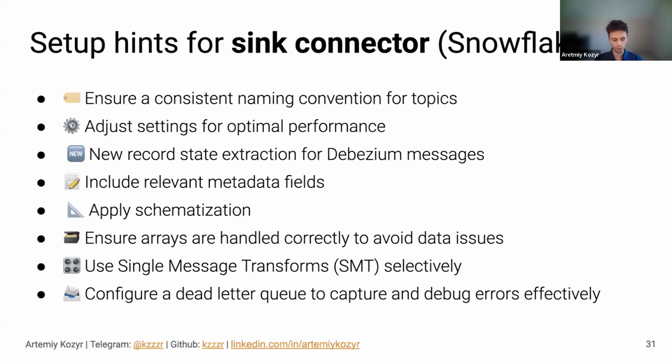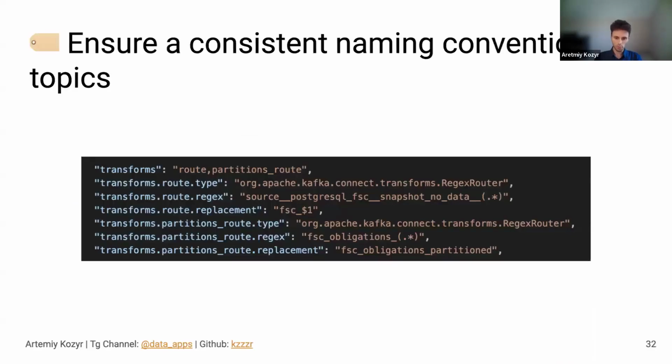But you may want to use JDBC connector or any connector for your specific database of your choice. For example, ClickHouse connector. So here are a couple of hints for setting up sink connectors. Let's just proceed and I will comment on this.